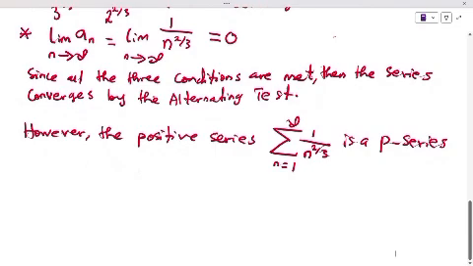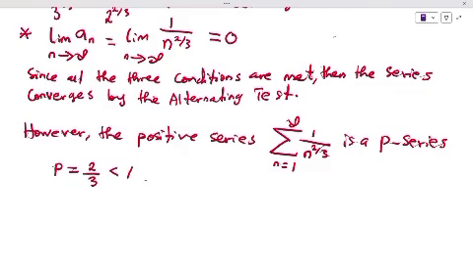So since this is a p series, and of course, you can remember when we're looking at the absolute convergence, we already know the conditions that a p series needs. So that means our p here is equal to 2 over 3. And of course, you know that 2 over 3 is less than 1.